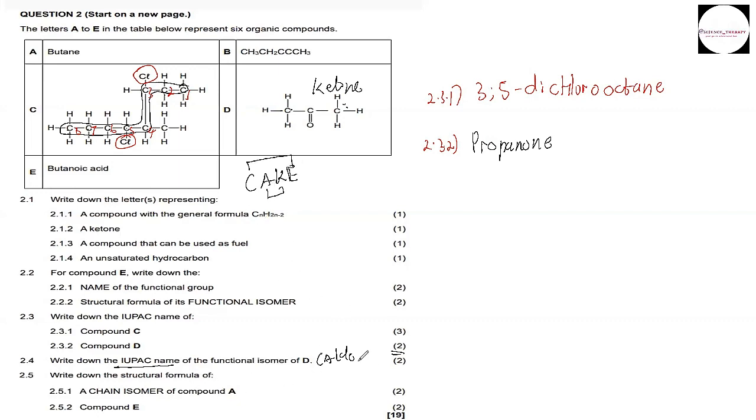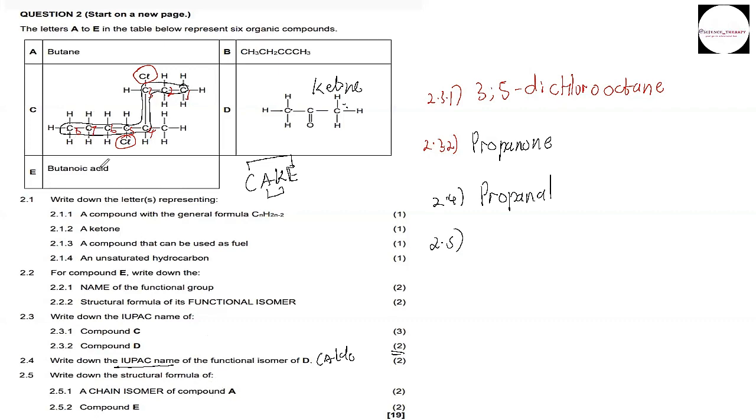So ketone to aldehyde, the IUPAC name of the functional isomer obviously has to be propanal. Remember, with the aldehyde, there is no indication of the position of the functional group, because it will always be on the first carbon.